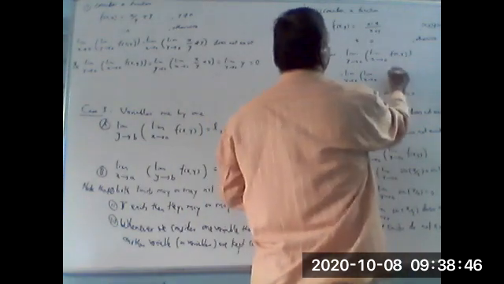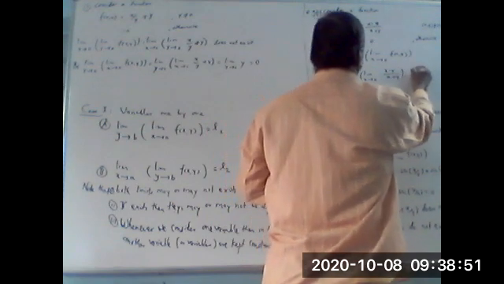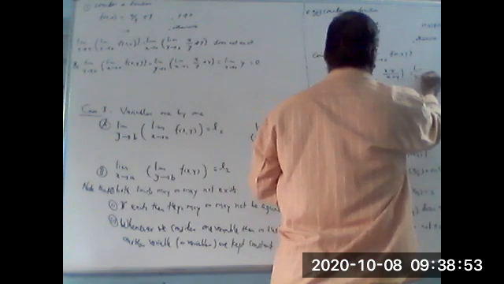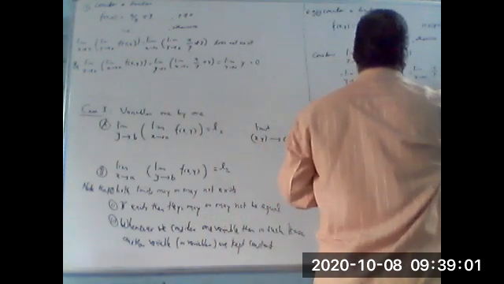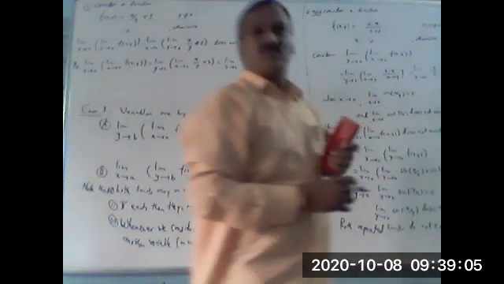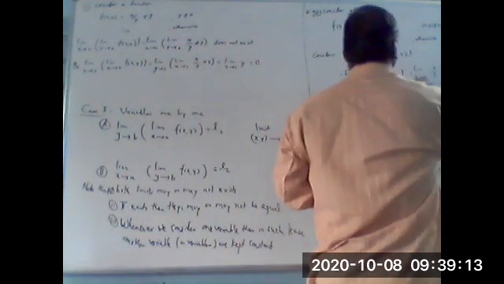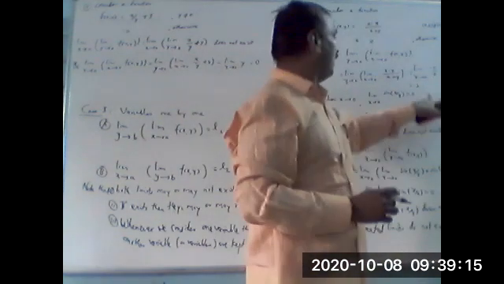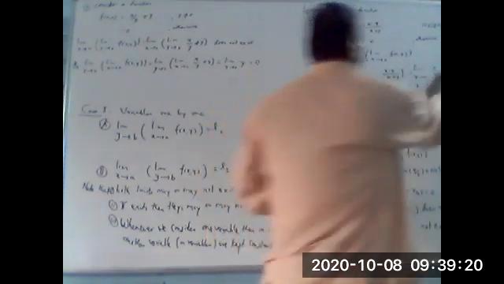Here limit x tends to 0 of x minus y upon x plus y. Therefore, this will be limit y tends to 0 of minus y upon y, and therefore such value will be minus 1.